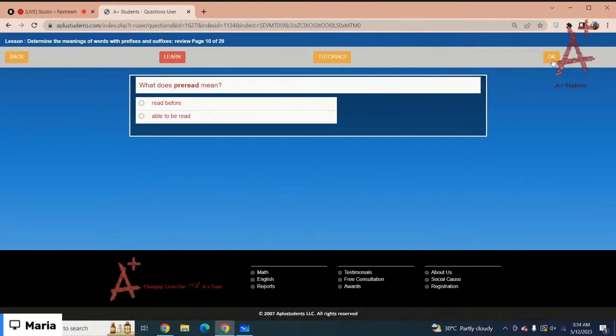What does pre-read mean? Pre means before. So pre-read means it would be read before.